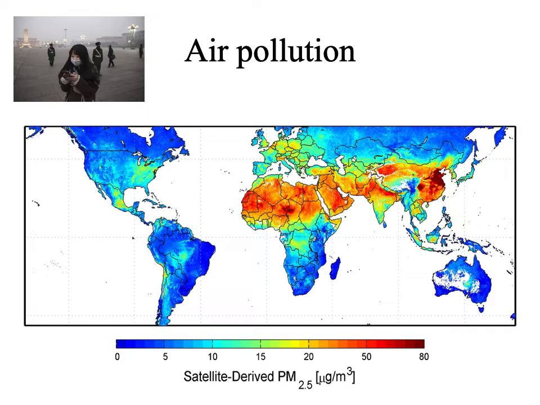The next global challenge is different types of pollution. Let us start with air pollution. Now you can see the plot which shows the concentration of PM 2.5 in micrograms per cubic meter around the world. This is satellite-derived PM 2.5. PM here indicates particulate matter.